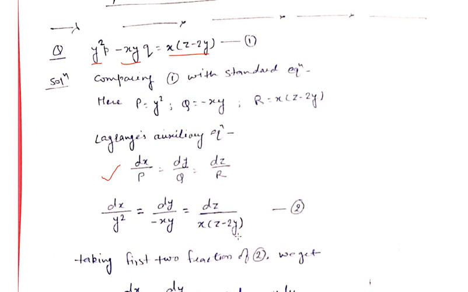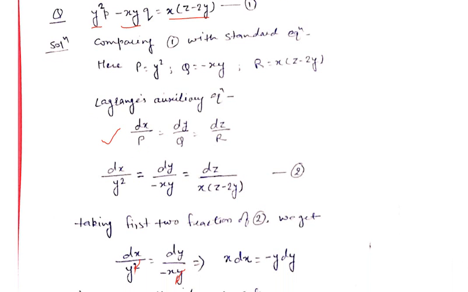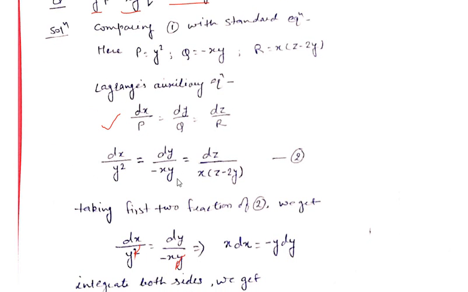Now we have to choose two fractions so that we can find a solution. So first we choose the first and second fractions. Here y can be easily eliminated. So when we eliminate y, we get dx upon y is equal to dy upon minus x, or it can be rewritten as x dx is equal to minus y dy.